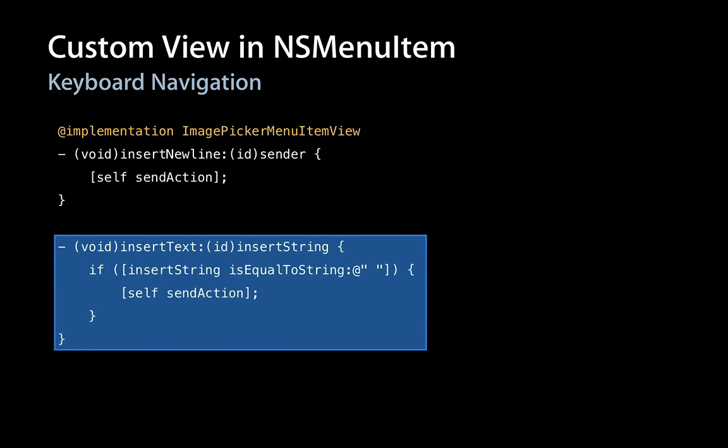So there's no user action associated with space. So when key bindings doesn't find some action associated with that, it will call insert text. So we override insert text, and we look for the space string that has to be inserted. And if that's the case, again, we want to go ahead and send the action and commit that item and dismiss the menu.